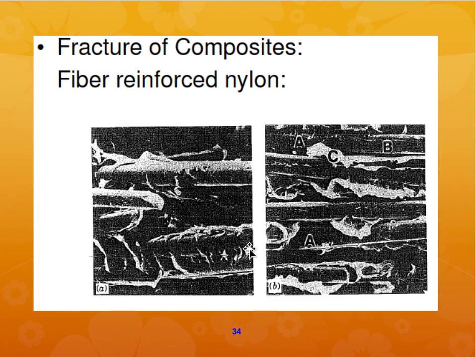The other kind of failure that you will find is in the case of composites. If you have fiber reinforced nylon, fiber reinforced carbon or fiber reinforced silicon carbide, a ceramic type of material, you will see how the fracture surface is going to look.